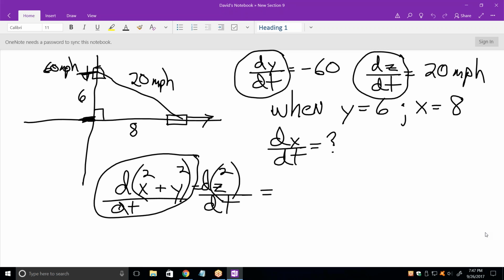Oh, it would be 2x. Yeah. What's the rest of it? dx over dt. Good. Plus 2y dy over dt. Good. Equals.